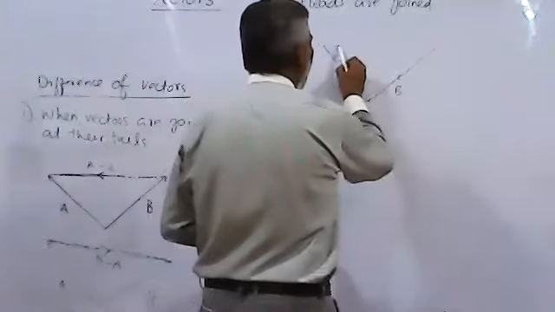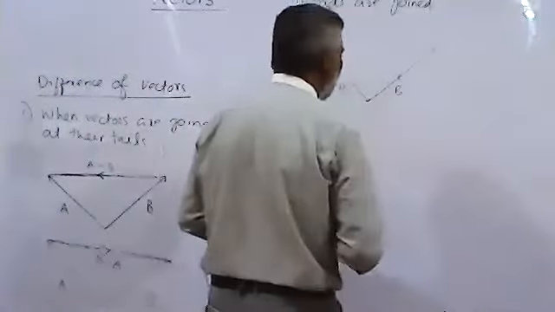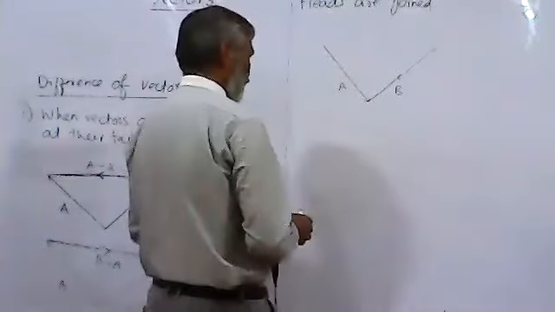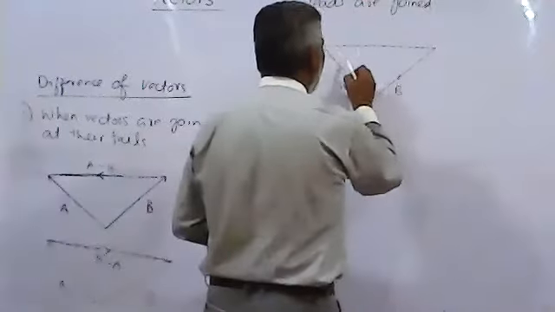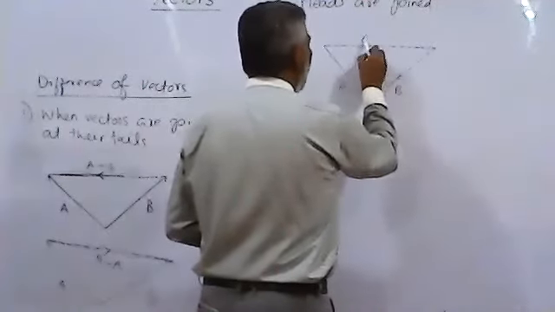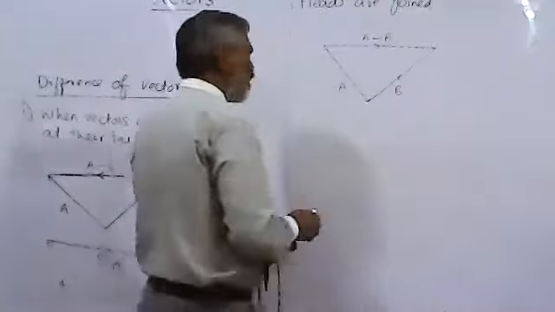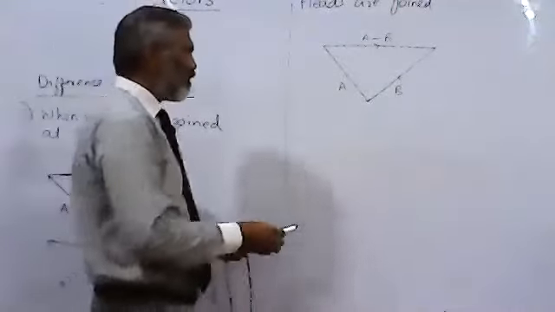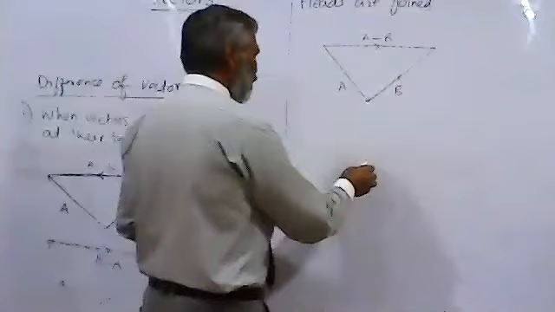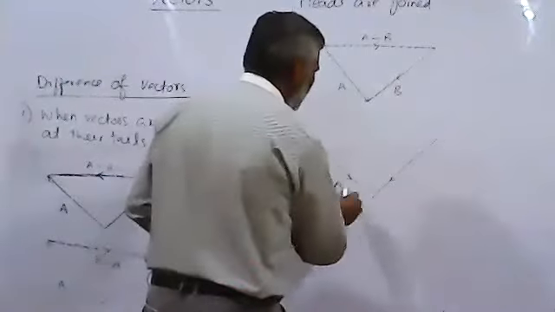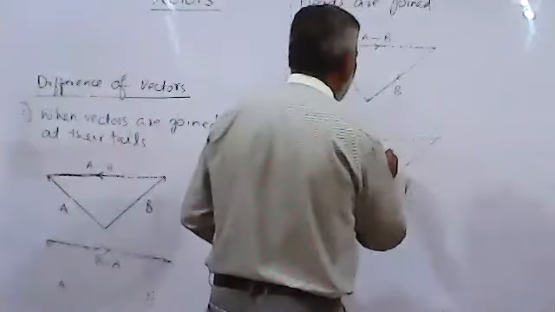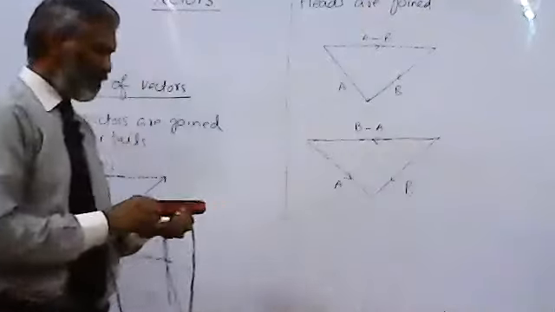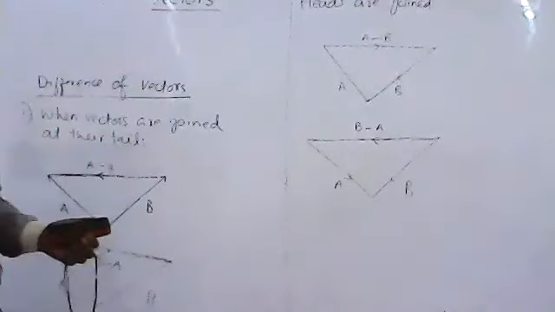Now this line which joins the tails of the two, this is easier to remember because if it is A minus B, it simply starts from the tail of A. So A minus B is directed from the tail of A and goes towards the tail of B. But if the same two vectors are joined, but the direction is made opposite, this vector is not A minus B, this is B minus A vector. So this is all about the difference of two vectors.